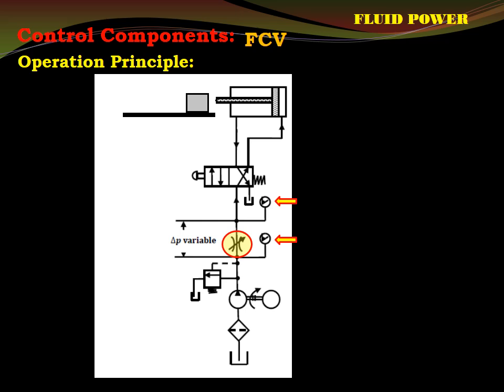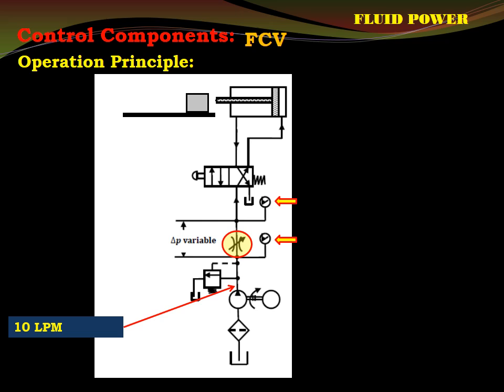Now assume the pump is supplying 10 liters per minute. It is a constant displacement type pump, constant discharge type pump, 10 liters per minute always, irrespective of the situation in the circuit.